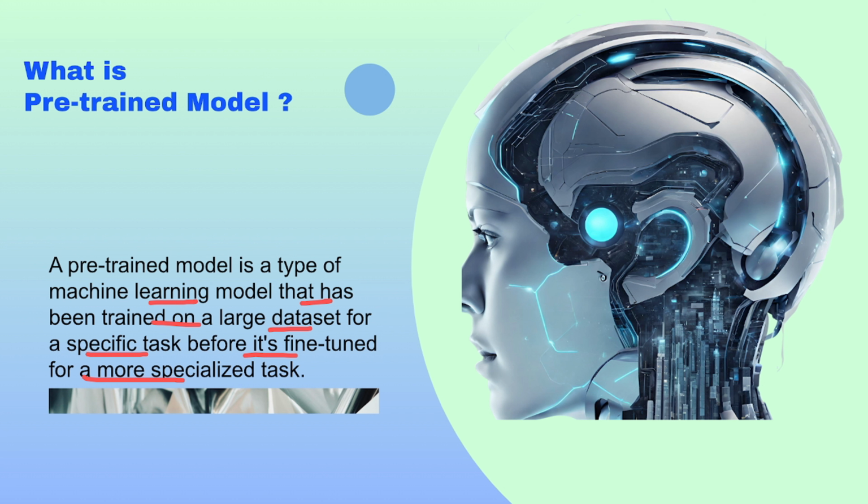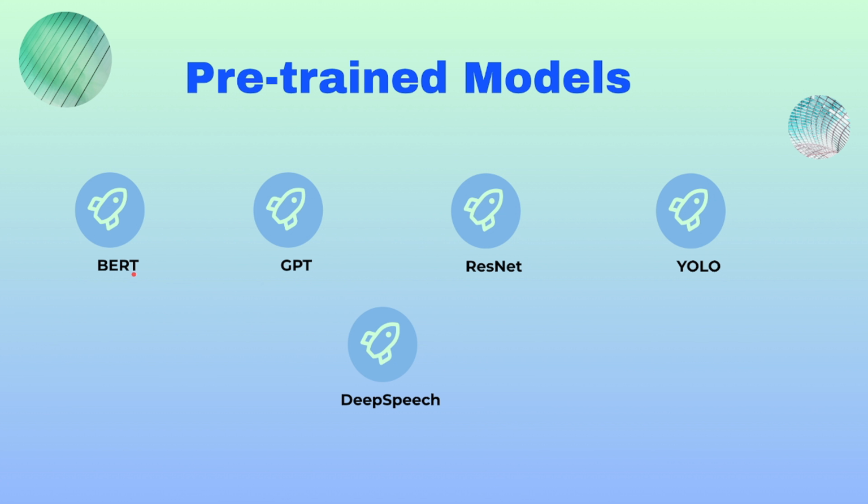A pre-trained model is not designed for a specific task, it is designed for all kinds of tasks. Let me give you some examples. This is BERT. The full form of BERT is Bidirectional Encoder Representations from Transformers.